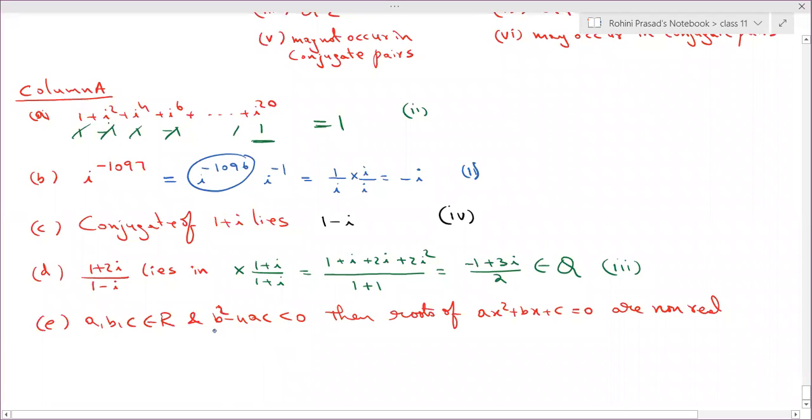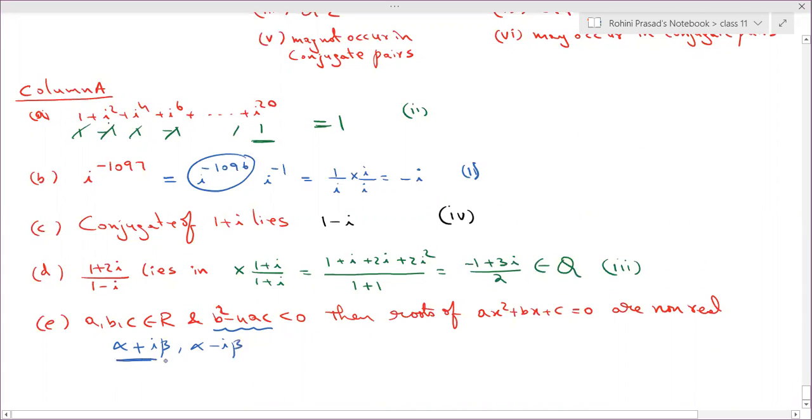You can see that the discriminant is negative and a, b, c are real numbers. When a, b, c are real numbers and the discriminant is negative, the roots occur in conjugate pairs, because you know the discriminant is negative. The roots are of the form alpha plus i beta and alpha minus i beta.